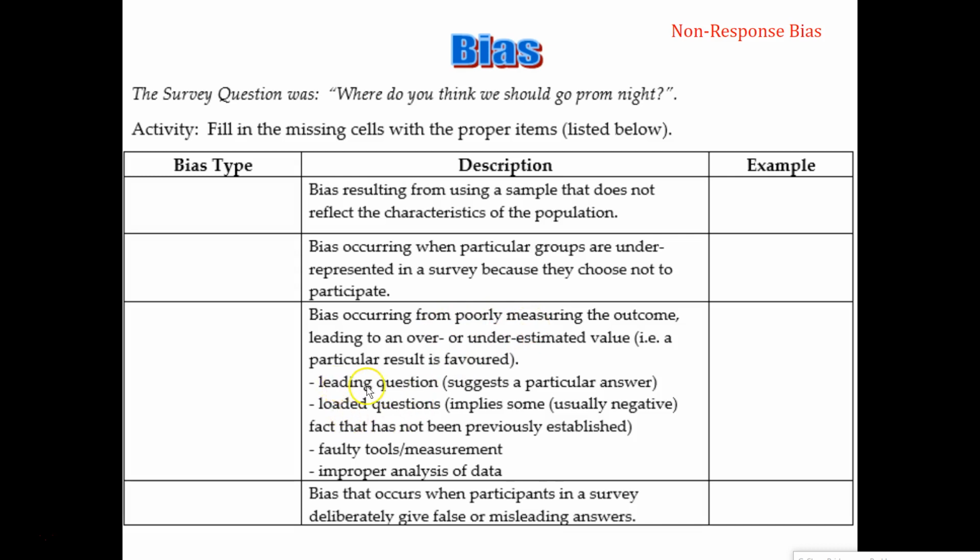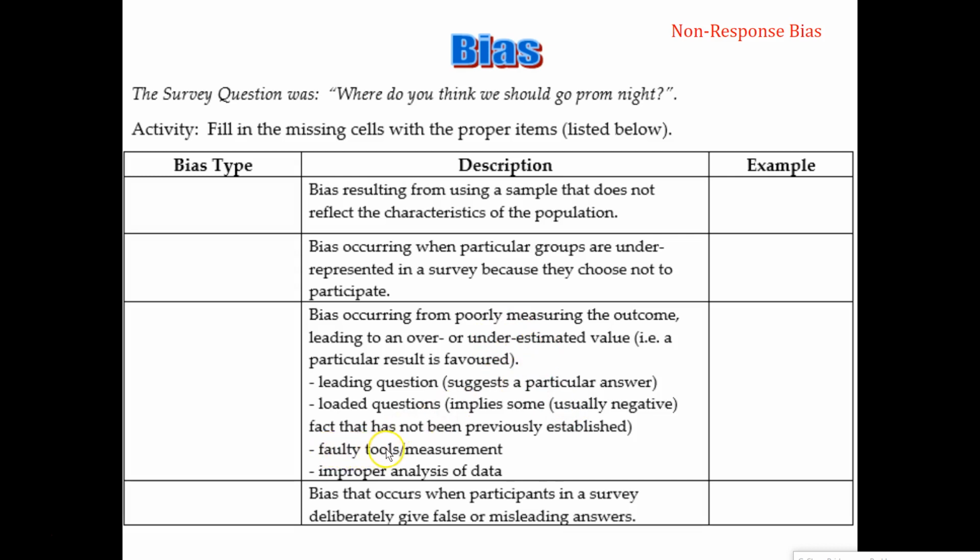This would include things like leading questions, loaded questions. Leading questions suggest a particular answer, which means that some results would be overestimated. Loaded questions usually imply some sort of negative fact that has not been previously established and would cause harsh feelings for some people, which means that some measurements could be underestimated.